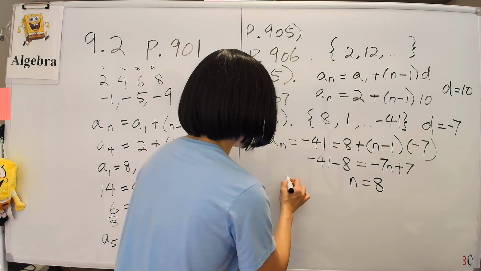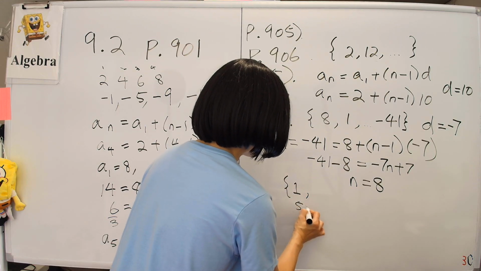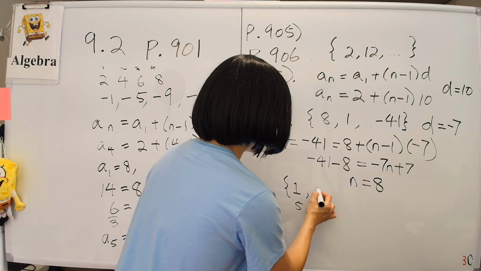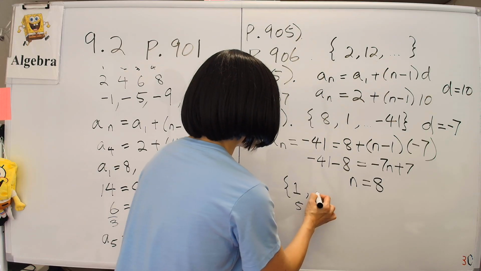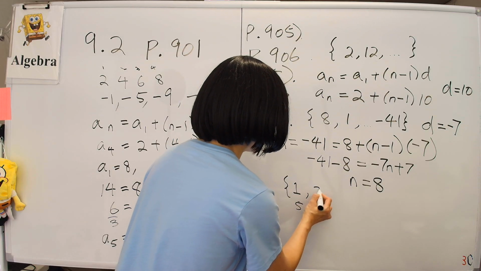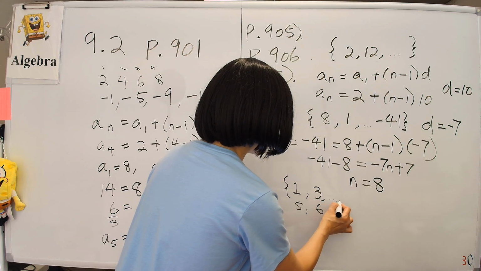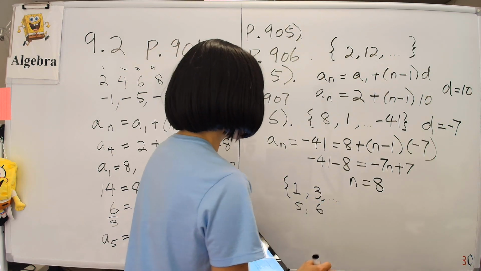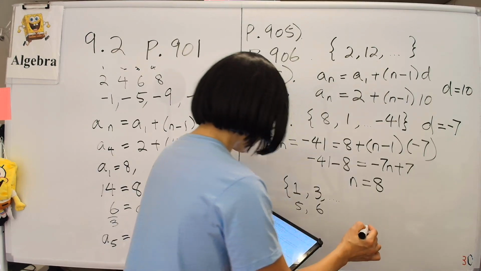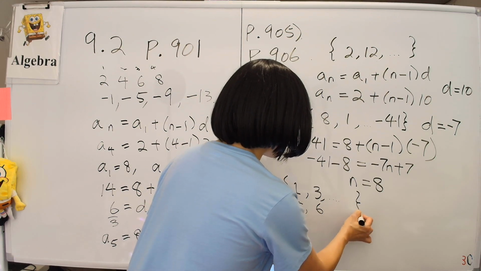Then each year it increases by 2, so d equals 2. The following year, when he's 6 years old, he will have $3. Then we need to come up with a formula for this.